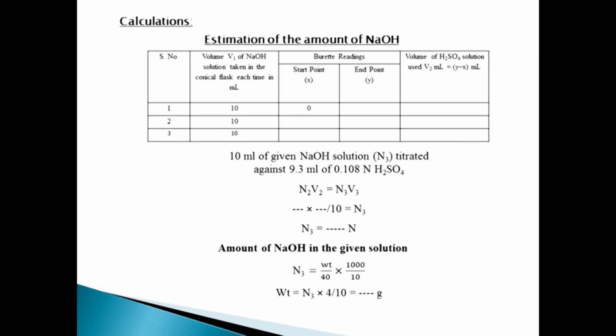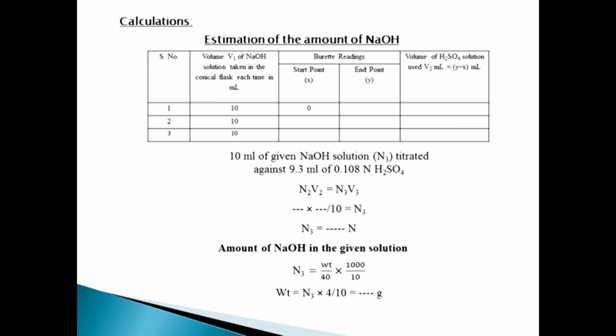From this we can calculate the normality of NaOH solution, that is 10 ml of given NaOH solution titrated against this burette reading ml of H2SO4. We already know the normality of H2SO4 solution from the standardization of H2SO4. By using the same formula, N1V1 equals N2V2, we can get the normality of sodium hydroxide.